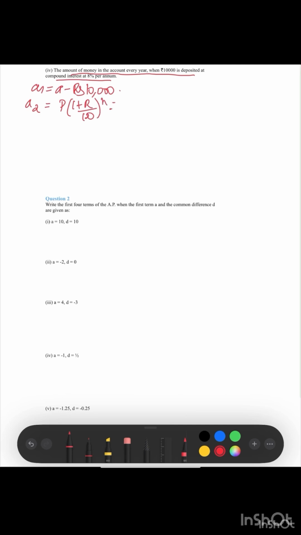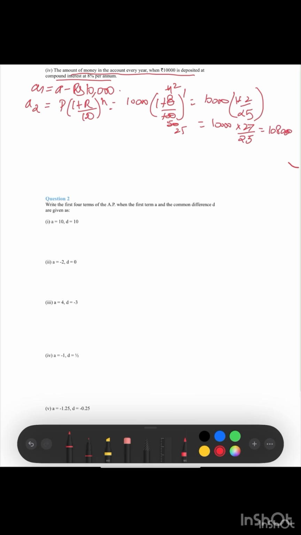That will become 10,000 bracket 1 plus 8 upon 100 raised to the power 1, because time over here is 1. 8 and 100 would get cancelled, first using the table of 2, then we can cancel it again, so we'll get 2 upon 25. On taking the LCM and simplifying, we'll get 10,000 into 27 upon 25. Simplifying that, I'll get my answer as rupees 10,800.